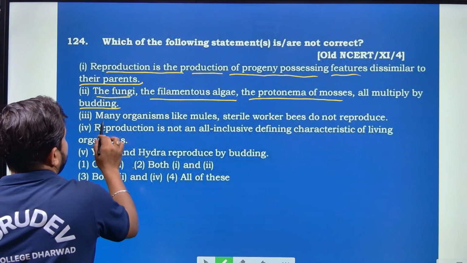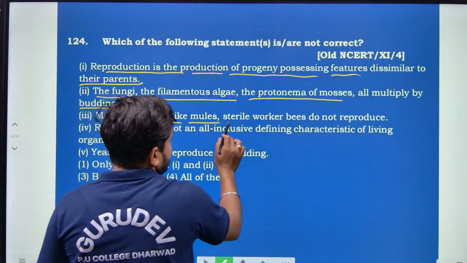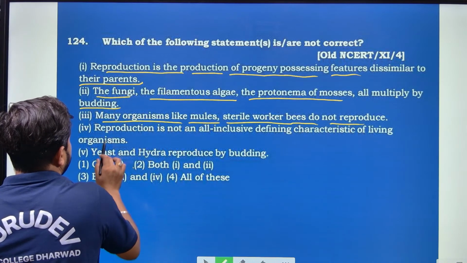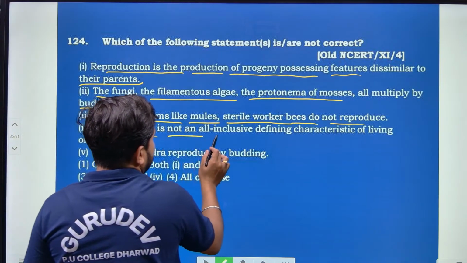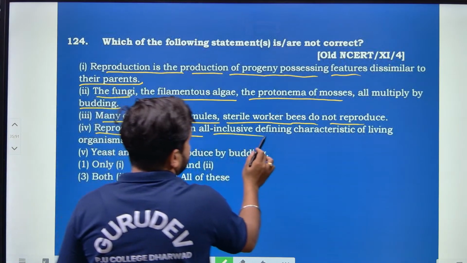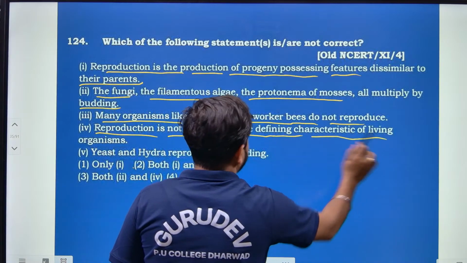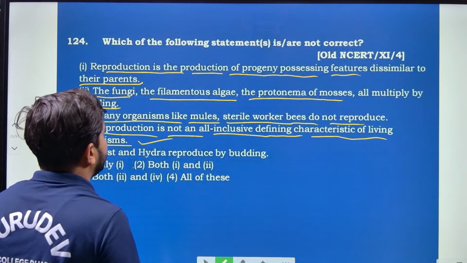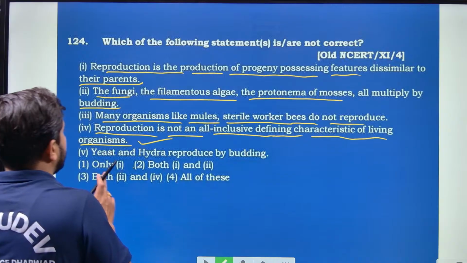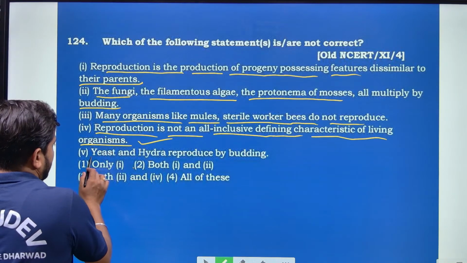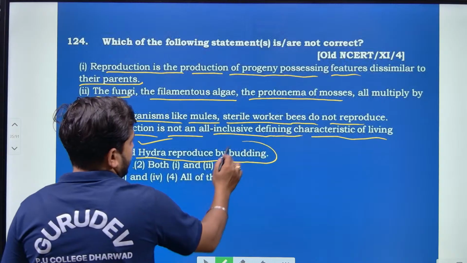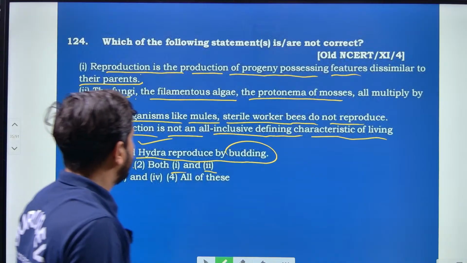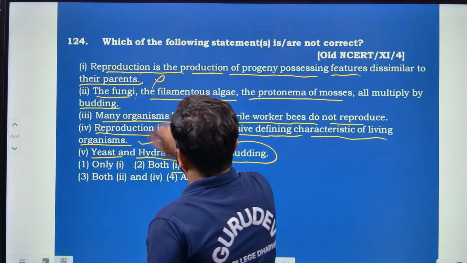Then, many organisms like mules and sterile worker bees do not reproduce, which is correct actually. Reproduction is not an all-inclusive defining characteristic of living organisms, which is also correct. Yeast and hydra reproduce by budding, yes. So statements 1 and 2 are incorrect.